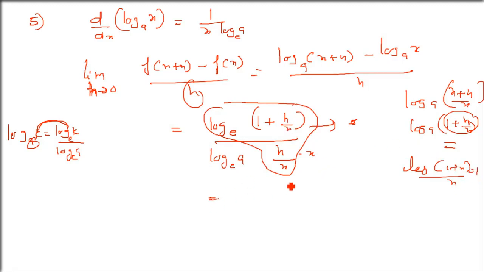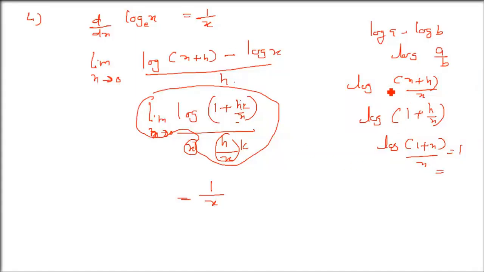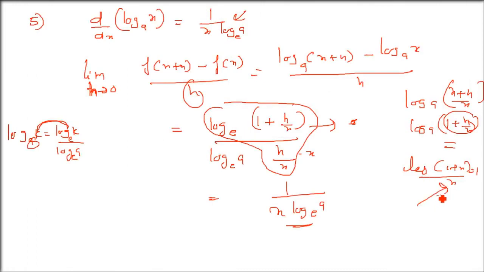Only 1 by x remains, along with log base e of a. So this is the final result. Only one thing: in the fourth the base was e, and in the fifth the base is a, not e. So you have to convert it into e first, then you will get the final result.